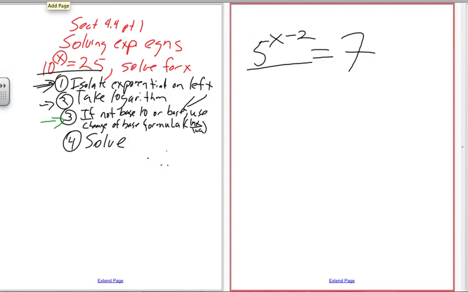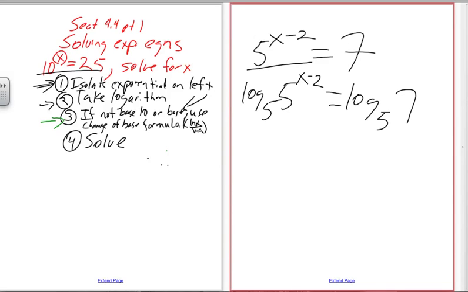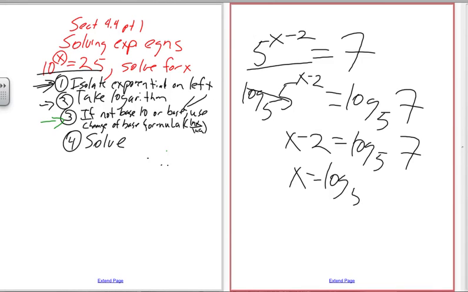Take logarithm, so it's going to be log base 5 of 5 to the x minus 2 equals log base 5 of 7, or x minus 2 equals log base 5 of 7, or x equals log base 5 of 7 plus 2.